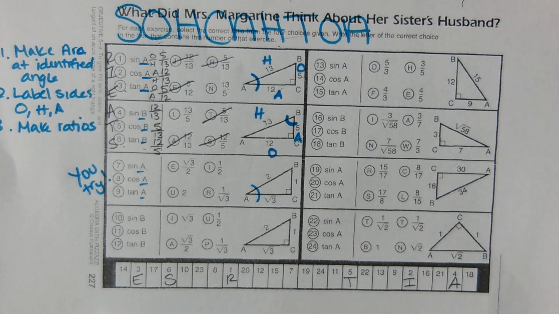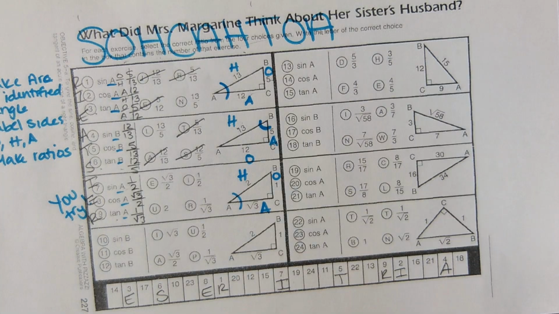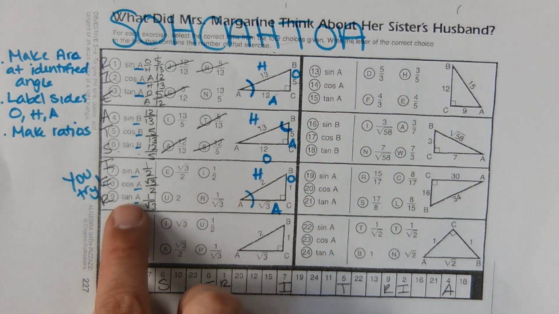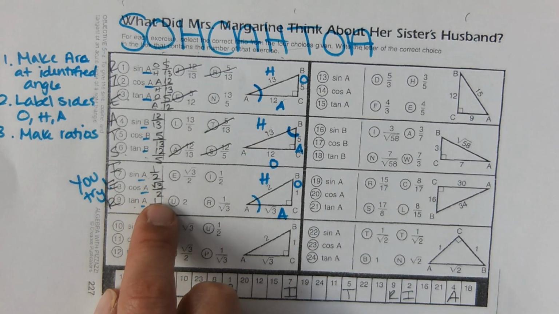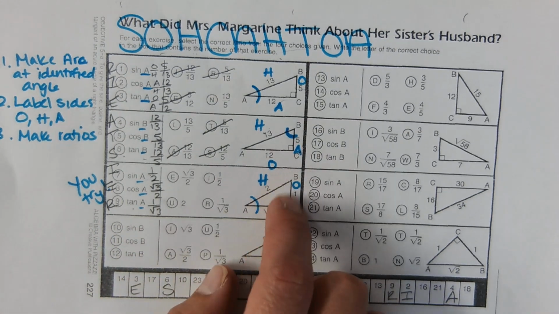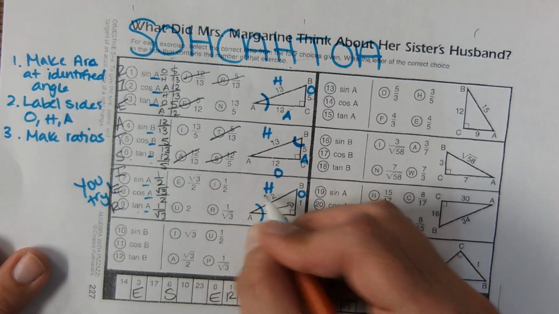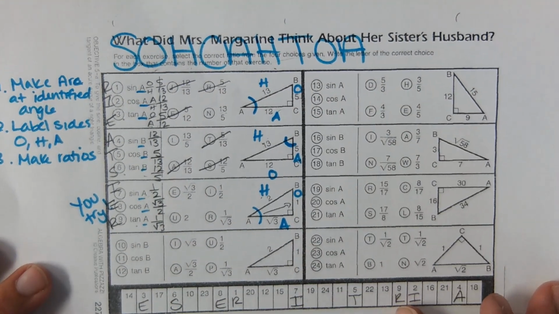I'm going to freeze it and we'll compare answers in a second. Unfreezing, here's what I got. If you want to check, 1/2, square root of 3 over 2, and 1 over square root of 3. If you didn't get that, check to make sure your sides are labeled right. So this would be opposite, hypotenuse, adjacent, there.